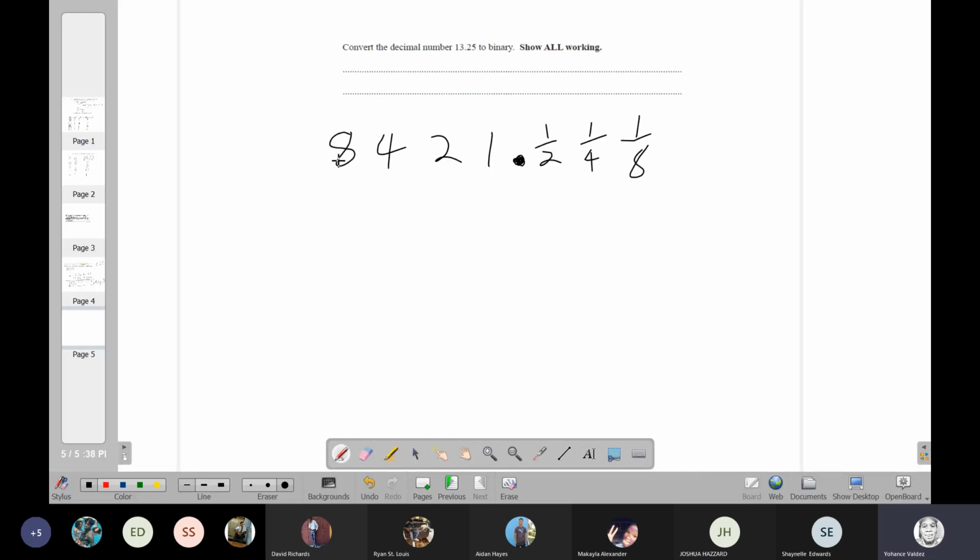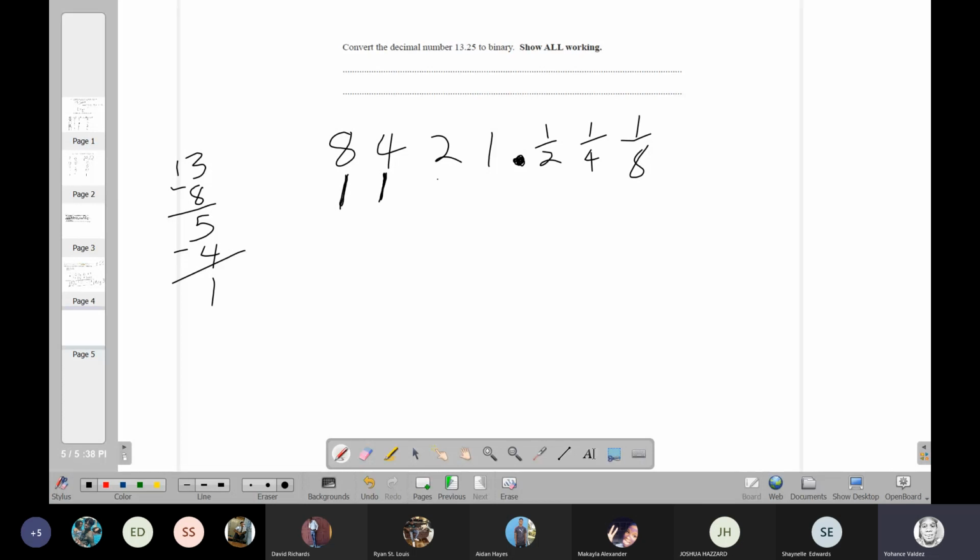13 minus 8, could 8 go into 13? Yes, 8 could go into 13 once. So what are we left with? 13 minus 8 is 5, right? Could 4 go into 5? Yes, you have one value of 4 going into 5. So 5 minus 4 will give you a value of 1.